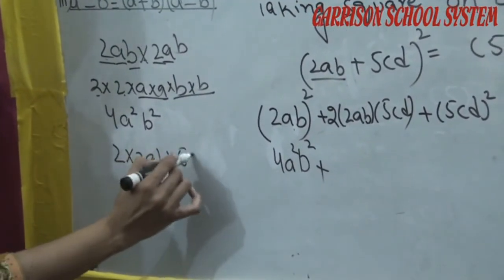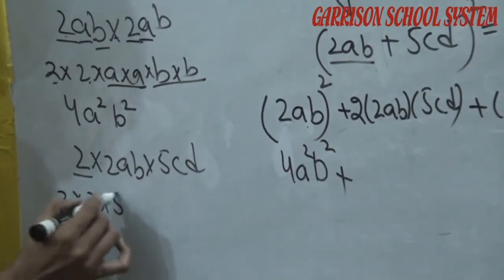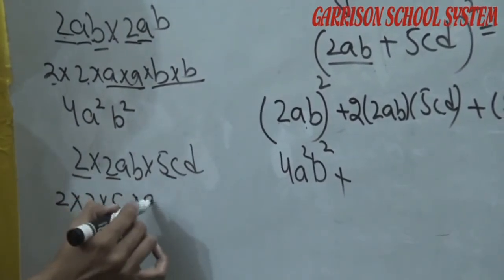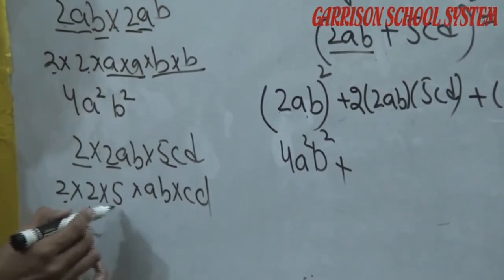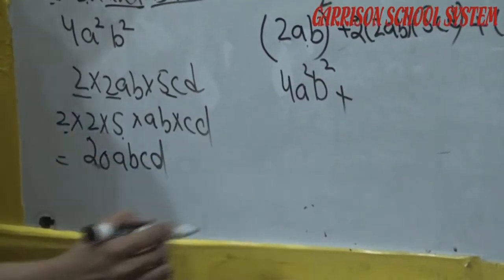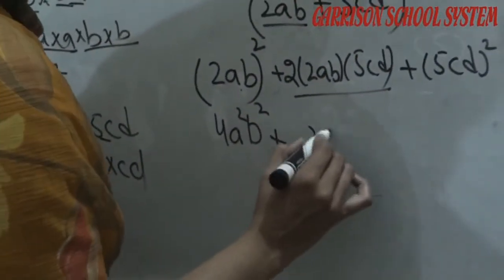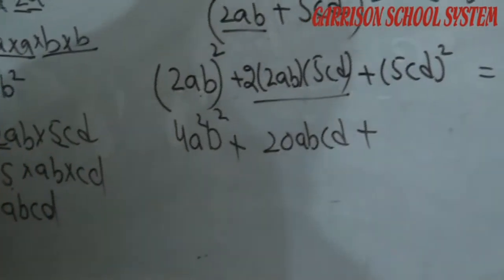2AB into 5CD, 2 multiplied by 2 multiplied by 5 multiplied by AB multiplied by CD. It will produce 2 2s are 4, 4 5s are 20 ABCD. It will produce 20 ABCD plus 5CD whole square.